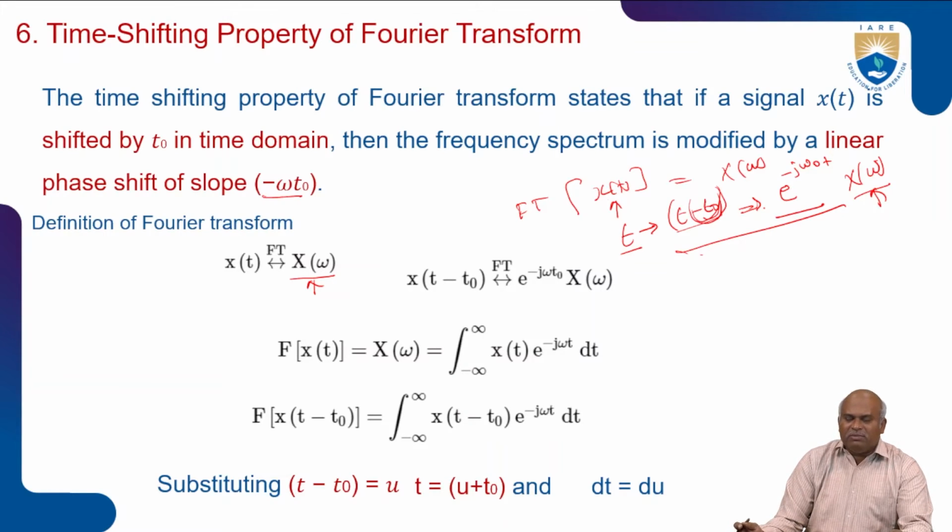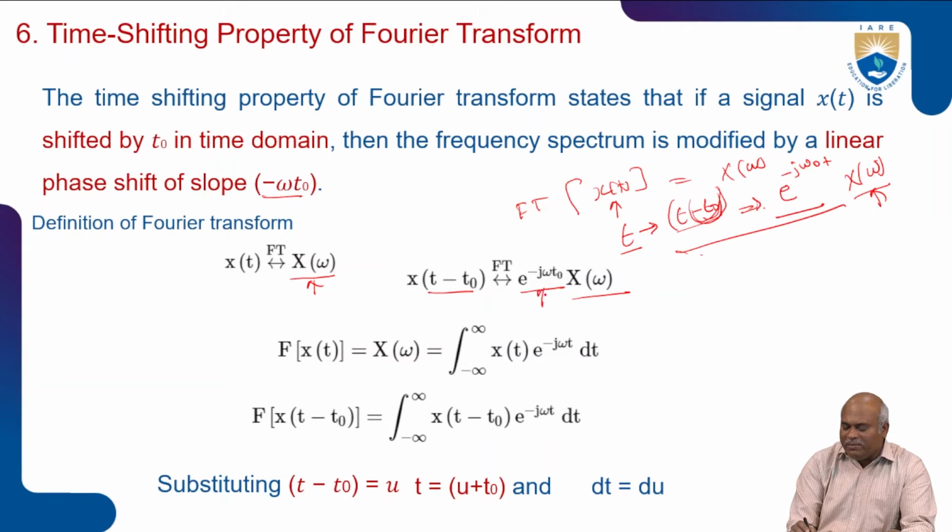The Fourier transform takes x of t on the input side and produces the output capital X of omega. Here, instead of t, we substitute t minus t0 on the input side. Taking the Fourier transform, it is multiplied with e power minus j omega t0 into X of omega. This is the frequency spectrum modified by a linear phase shift of slope minus omega t0.